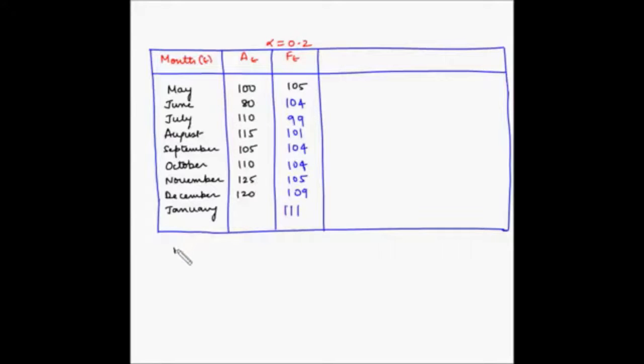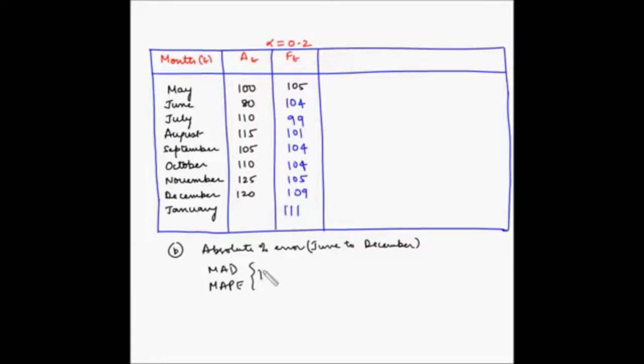Now part B of the question says to calculate the absolute percentage error for each month from June to December, and then calculate the mean absolute deviation and mean absolute percentage error as of the end of December.